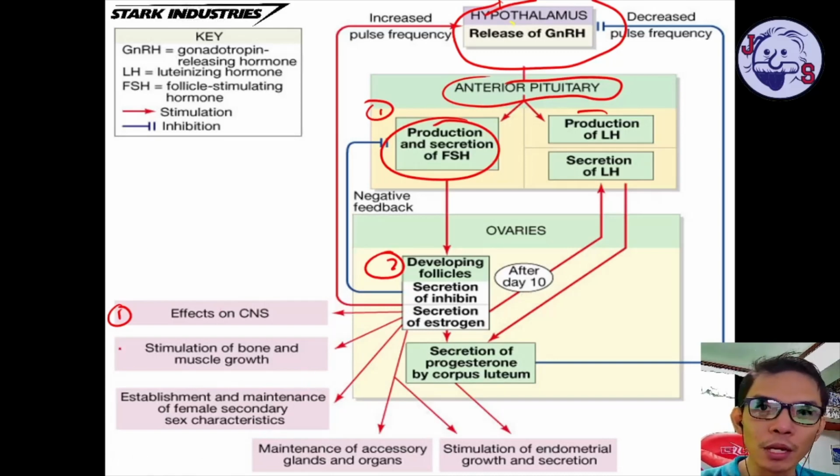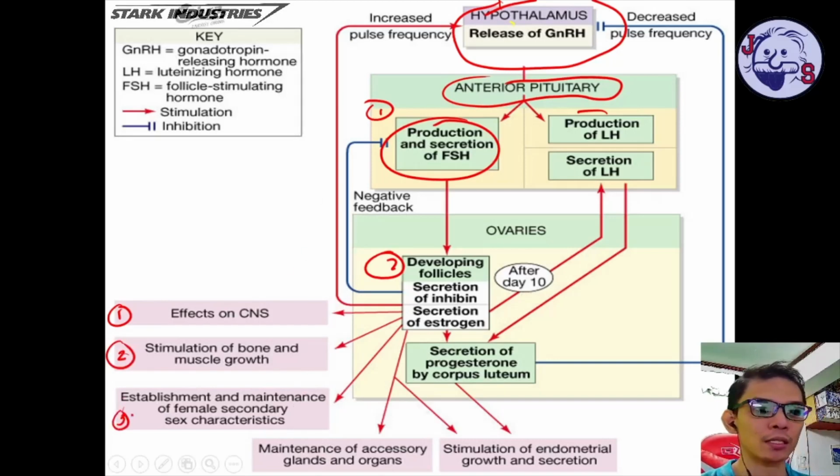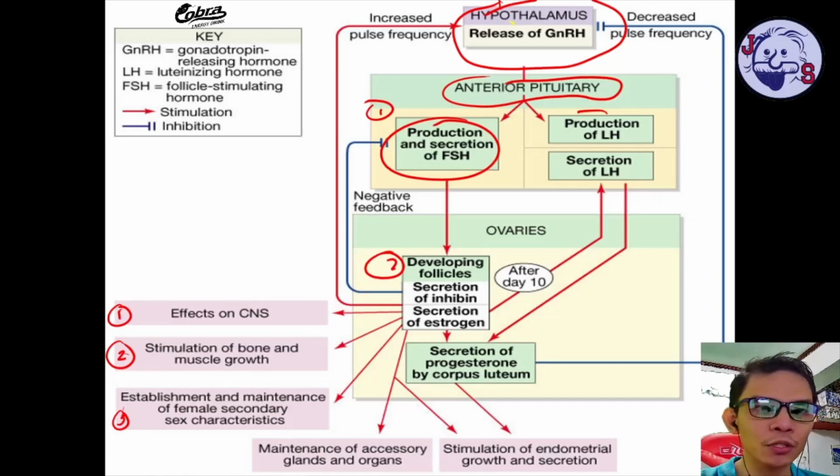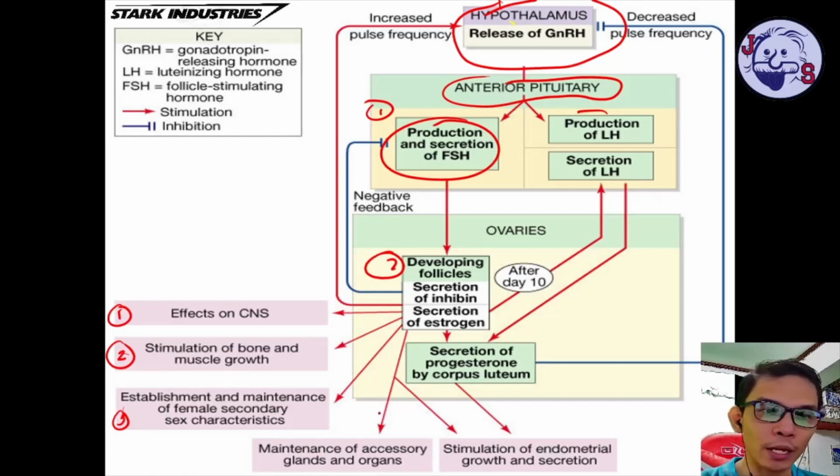Number two, the stimulation of bone and muscle growth and the development of secondary female characteristics, like widening of hips, enlargement of breasts, and the menstrual period. Next is the maintenance of the accessory organs, for example the ovary, the uterus, the fallopian tube and other structures.